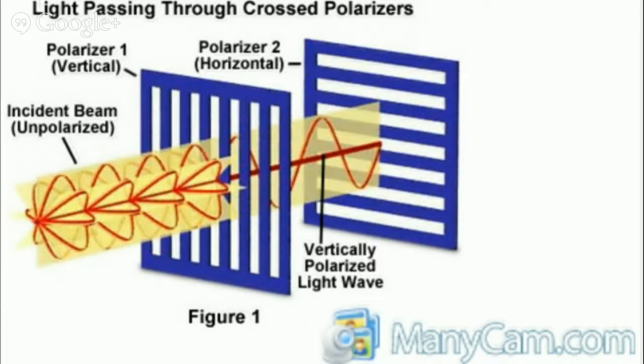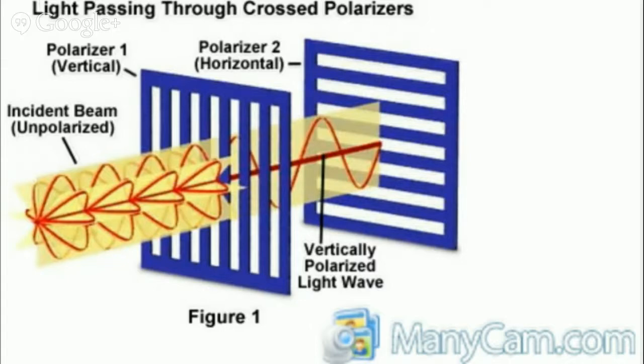If this was visible light that we were trying to polarize, then these effective slits are just produced by something on a molecular size inside a filter, rather than being visible as slits like you might get in a diffraction grating. If you've got a microwave polarizing filter, then a few metal bars will be sufficient, and you may have seen that in a lab exercise that your tutor may have done with you.